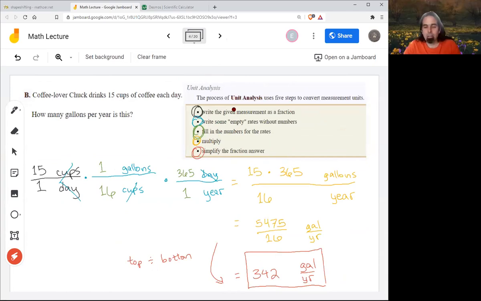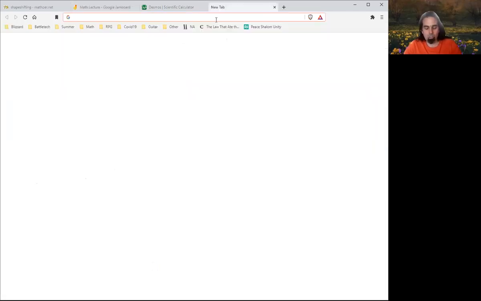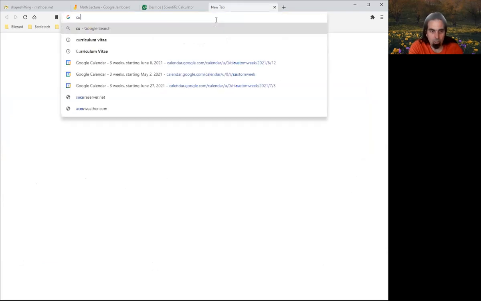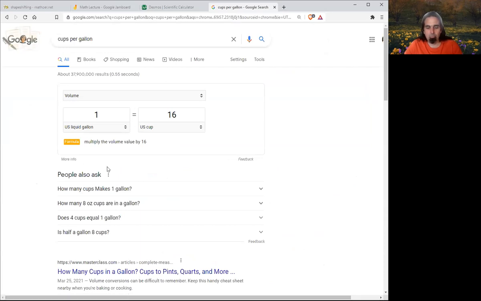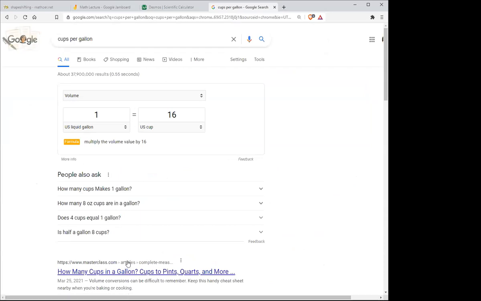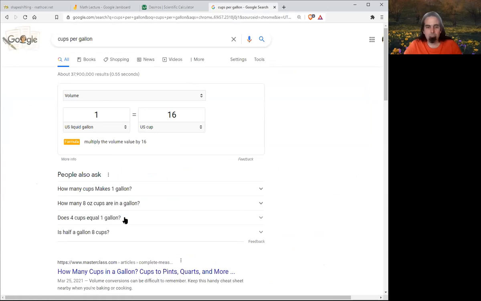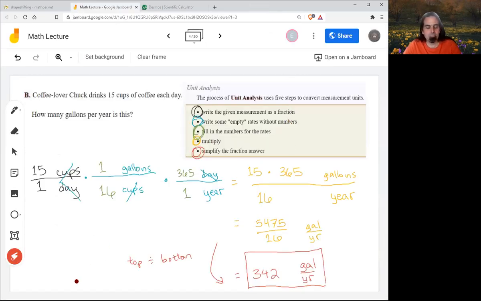Oh, okay. If you're ever at a loss, you can always just search on the web, cups per gallon, and it'll tell you. Yeah, we're not supposed to have that memorized, right? You are not needing to memorize all those conversion rates. Even if this was a normal in-person term, you would be allowed to have notes for the final. So one of the parts of your notes would be to write out all those conversion rates.